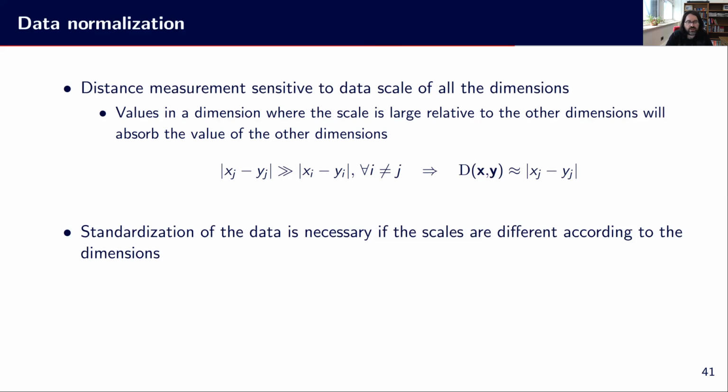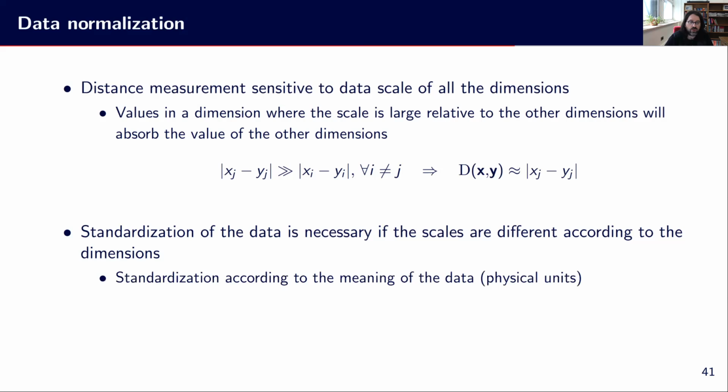So standardization is required if the scales are different. And we can use, for example, the physical units. If we are working with measurements in meters, millimeters, kilometers, it's easy to just get everything back on the same scale, using the physical units to make things comparable.